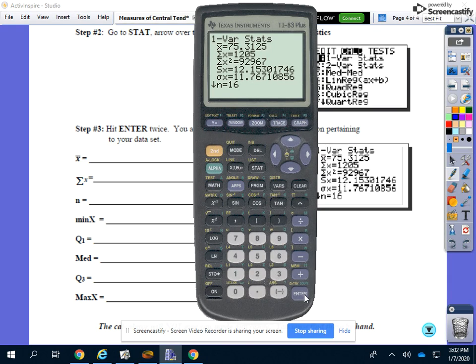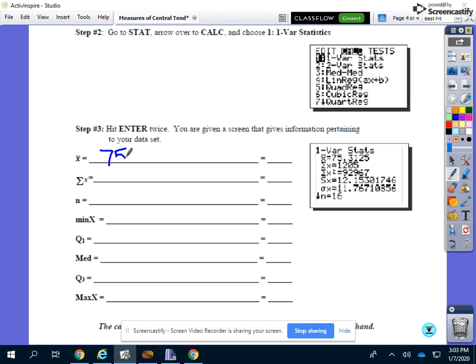The first is an X with a bar on top of it. That is your mean of your data. So in this case, the mean of the data is 75.31. The next term is sigma x.